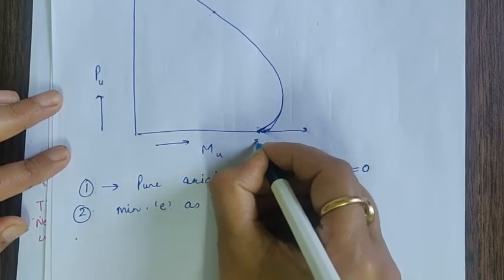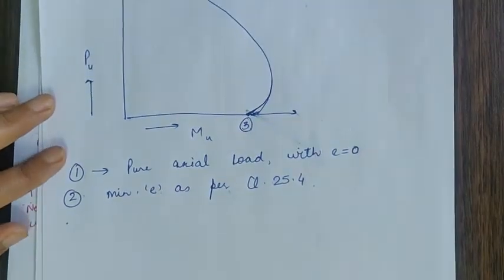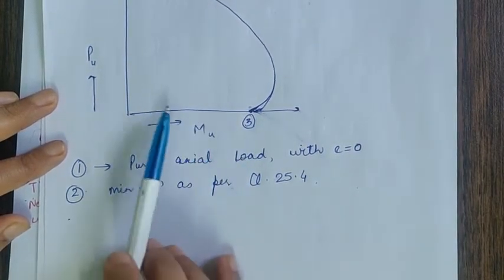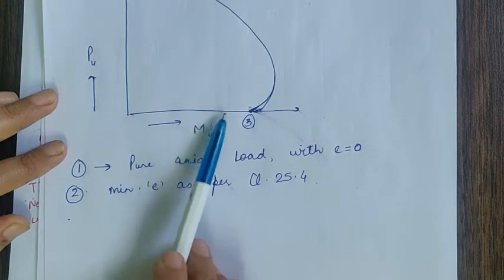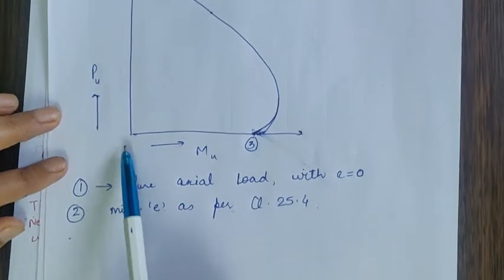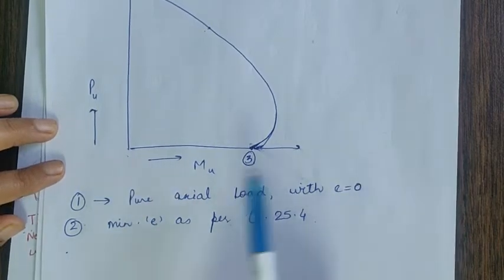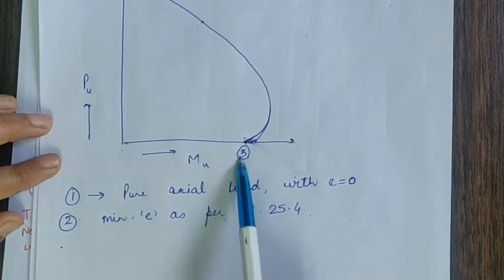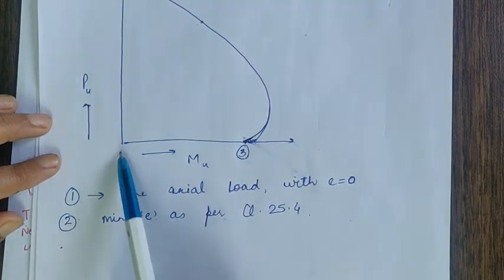Now point number 3. This is point number 3, let us say. So point number 3 considers the case when there is no load, like I should not say there is no load, when the load is acting at such a large eccentricity that the moment becomes very large. So practically the effect of load becomes 0.